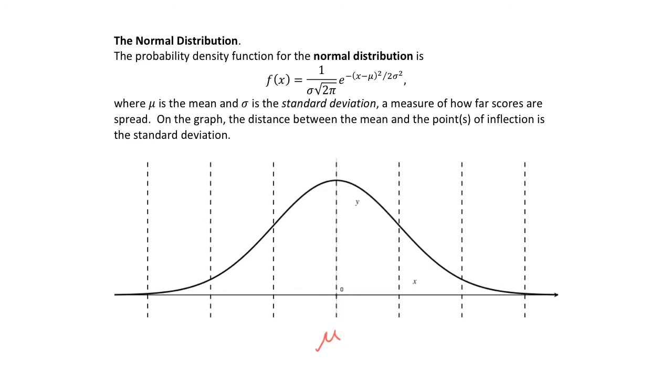Okay, with normal distributions, and actually with any distribution, we can talk about something known as the standard deviation. The standard deviation is a measure of the spread of scores. And with the normal distribution, when we have a standard deviation of sigma, which we have listed up here, it's kind of easy to spot.